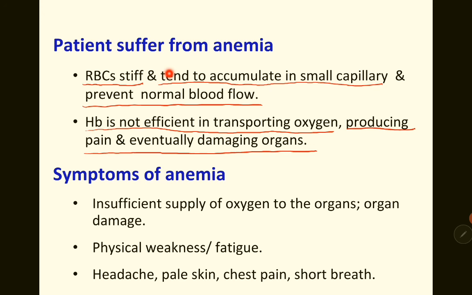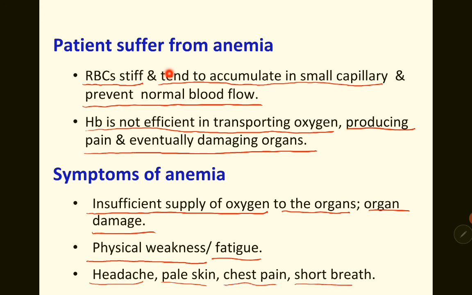The symptoms of this patient: they have an insufficient supply of oxygen to the organs, and organ damage occurs. Physically, this patient is weak and always feels fatigue, headache, pale skin, chest pain, and shortness of breath due to insufficient supply of oxygen.